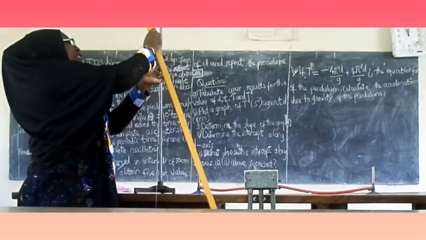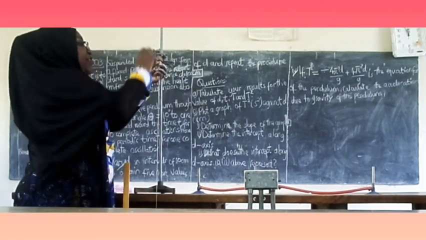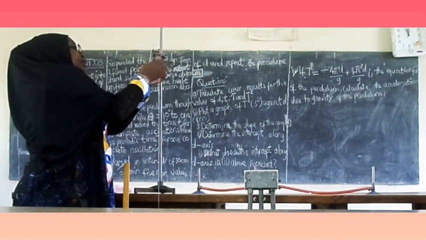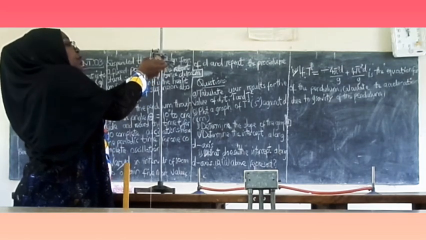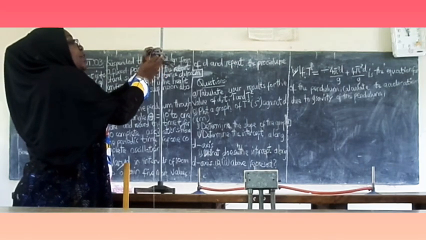So the good technique is to measure the length of the string, then divide it into intervals of 10, so that it's going to be easier for you to reduce or to increase the length of the pendulum.